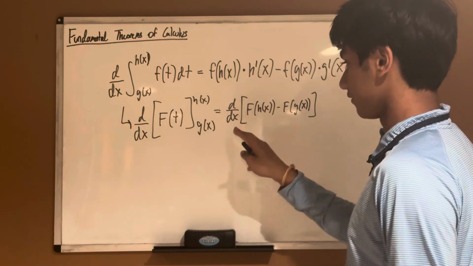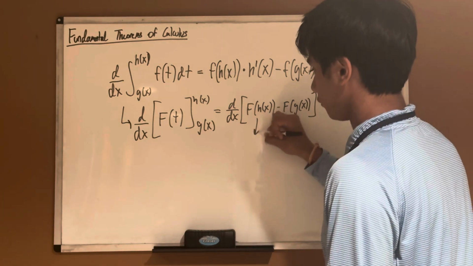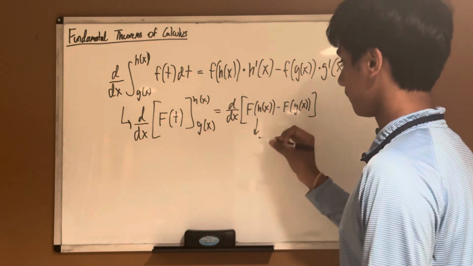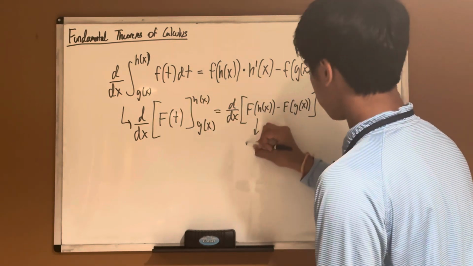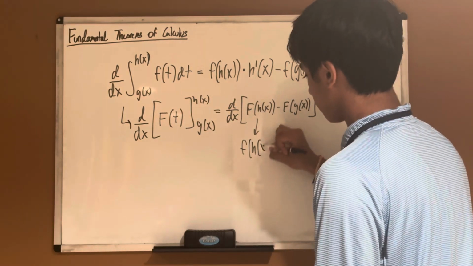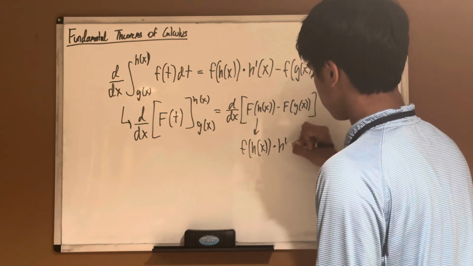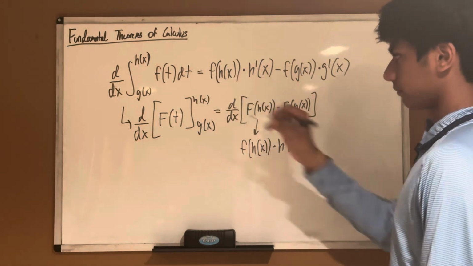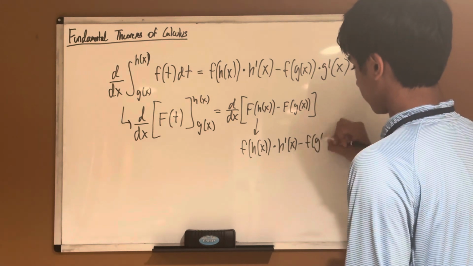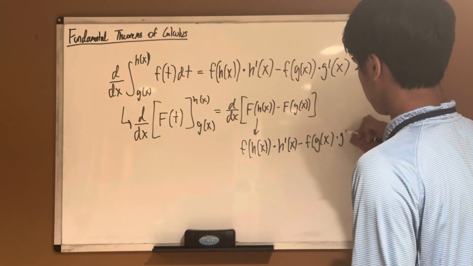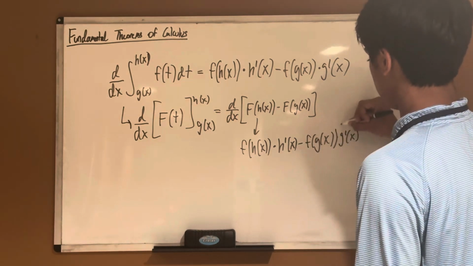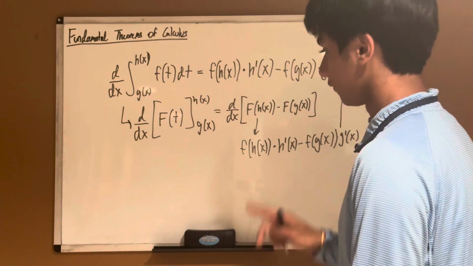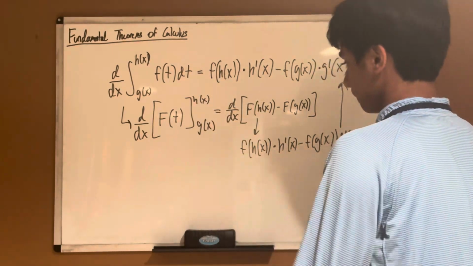Now we have to take the derivative of each part, and for each part we use the chain rule. For this one we get big F prime, which is just little f of h of x, times h prime of x. Same thing with this one, we get little f of g of x times g prime of x. And that's the same thing we got up there. So using the first fundamental theorem of calculus, we can find the second one.